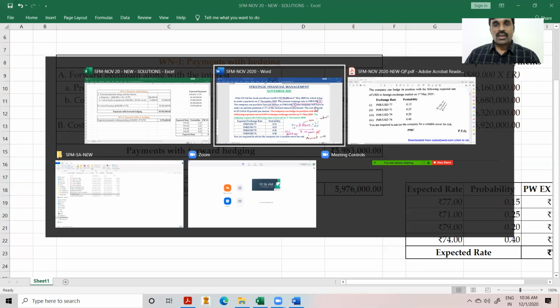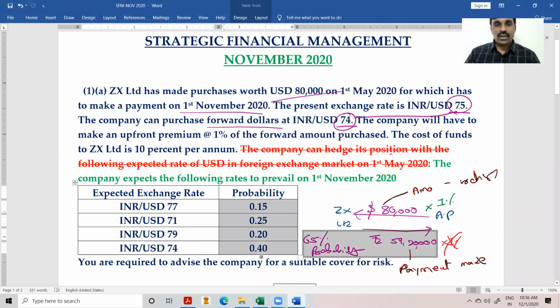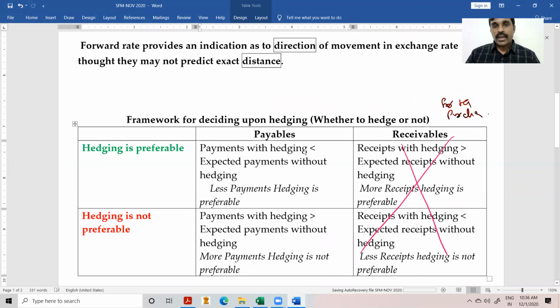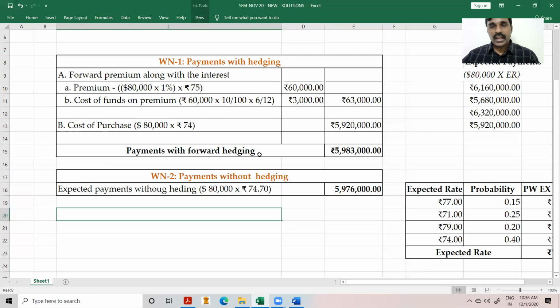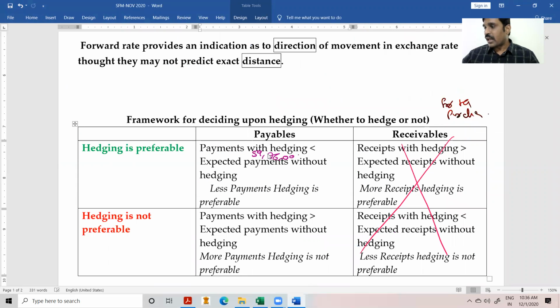Then what is our answer? Based on the framework we have written, what are the payments with hedging? 59 lakhs 83,000, and payments without hedging is 59 lakhs 76,000. 59 lakhs 83,000 is more than 59 lakhs 76,000.